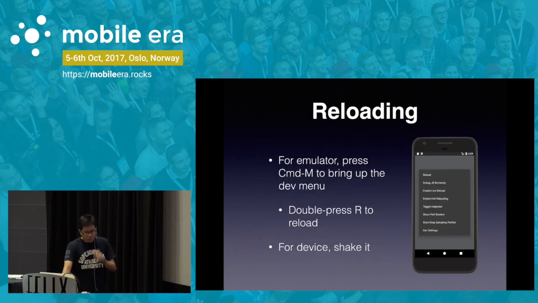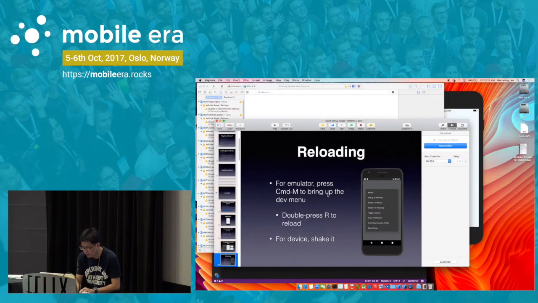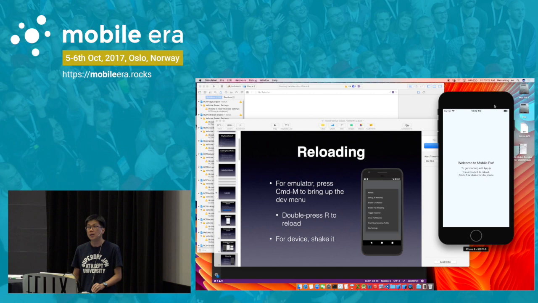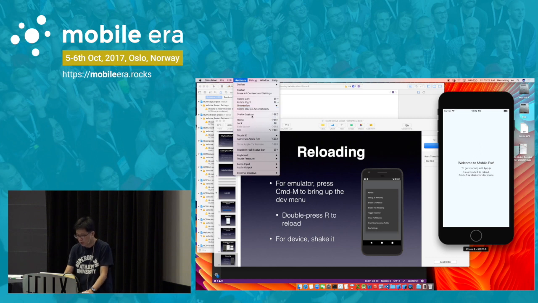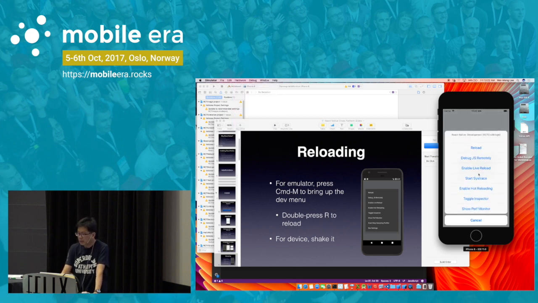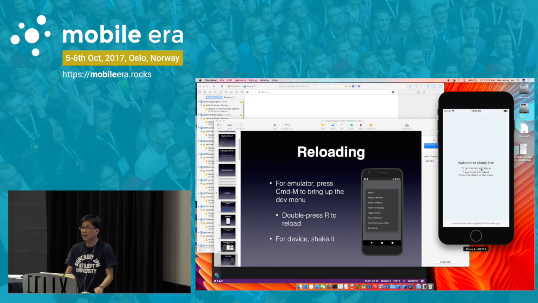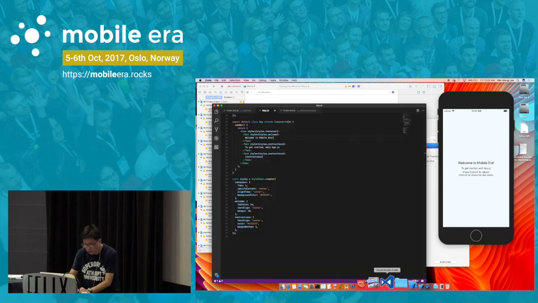Now, React Native also supports what we call live reload. So I could just basically shake my device. I have a shake gesture, and I can enable live reload. When I enable that, I could simply go back to my editor and change this to "welcome to mobile era 2017".